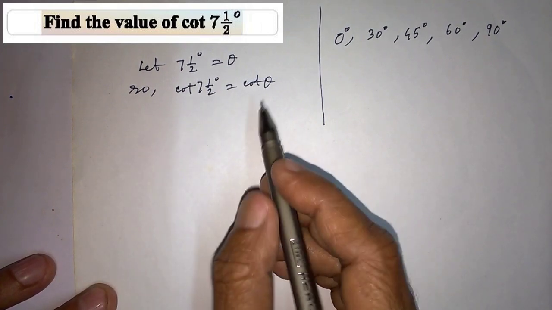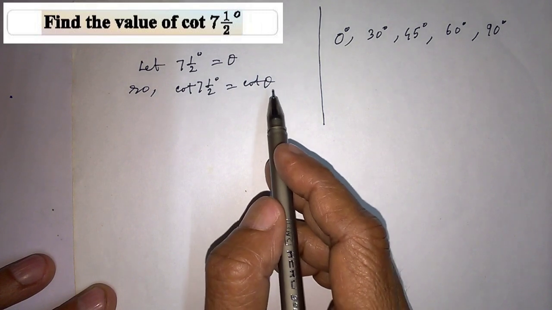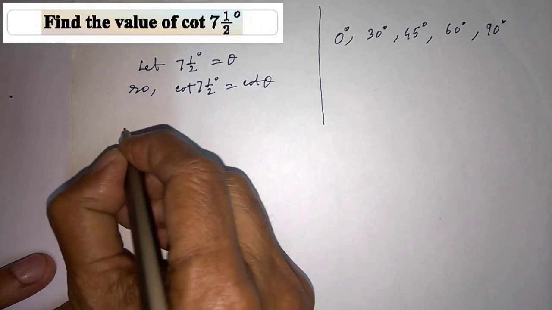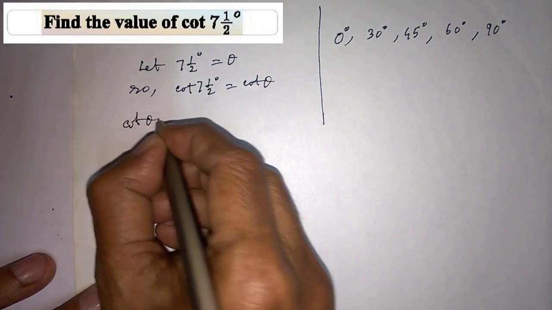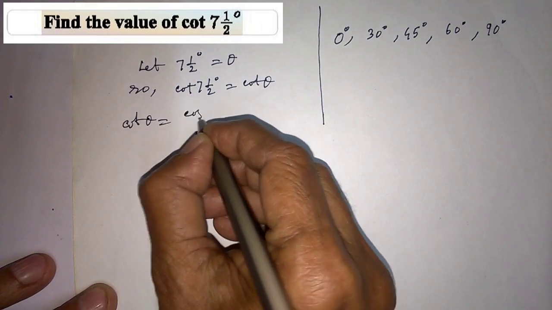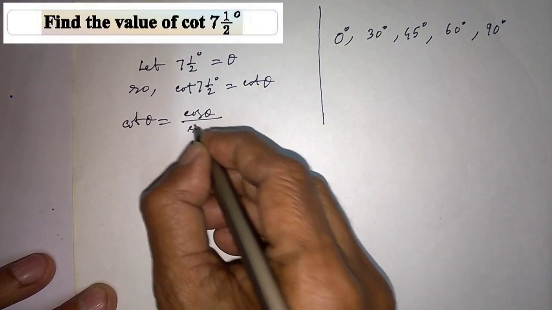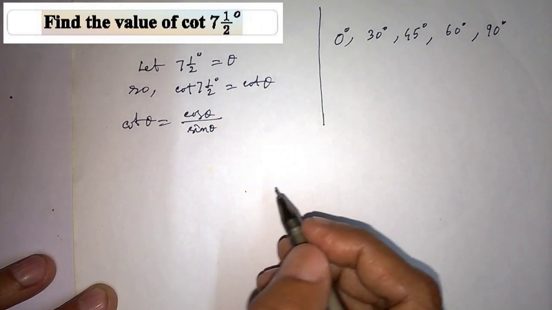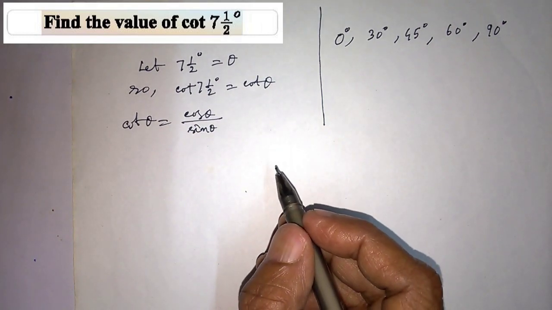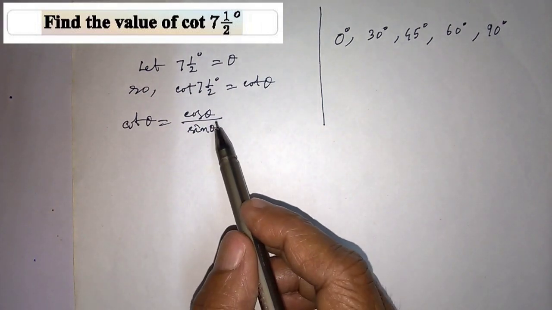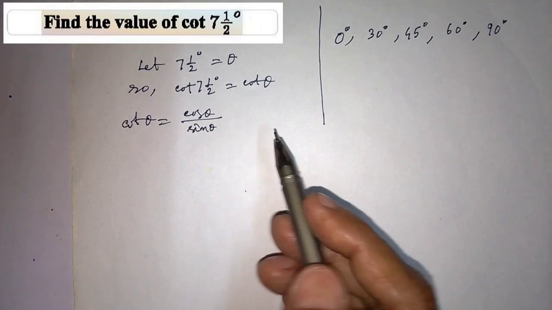So we will express it as a multiple of theta. Now cot theta is equal to cos theta by sin theta. Use the formula such that we are able to express theta in terms of multiple of theta.